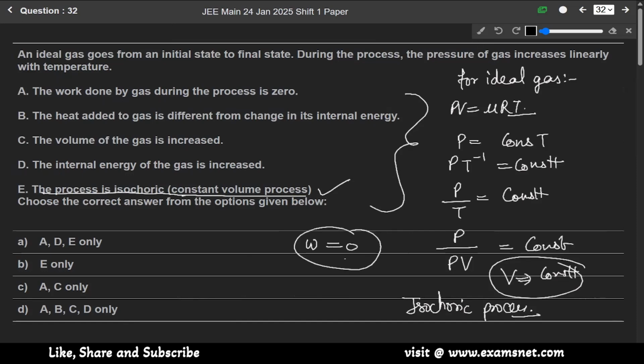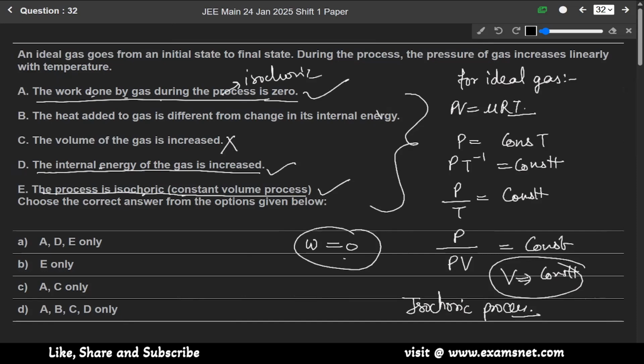So if the work done by the gas will be 0, it means the internal energy of the gas will increase. And option A, that is the work done by the gas during this isochoric process, is 0. Means option A, D and E are correct, but C and B are wrong. So for this, ADE means option A is the correct answer.